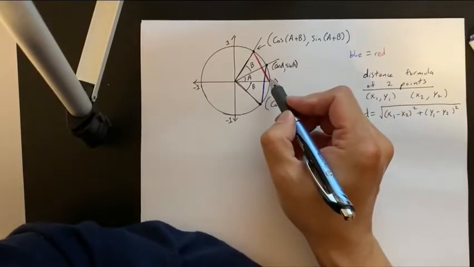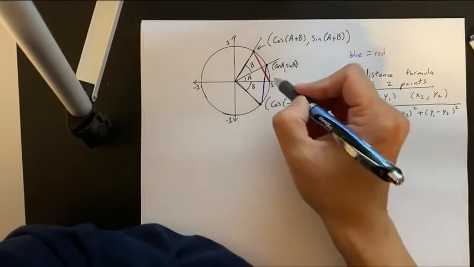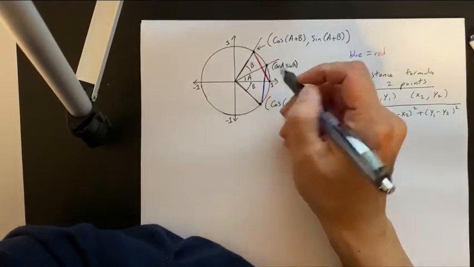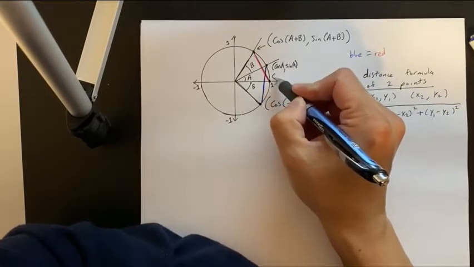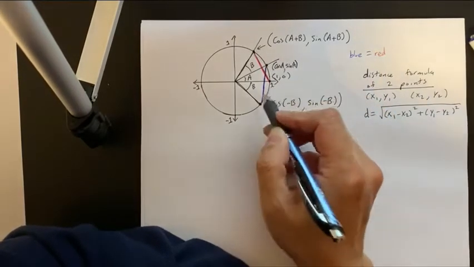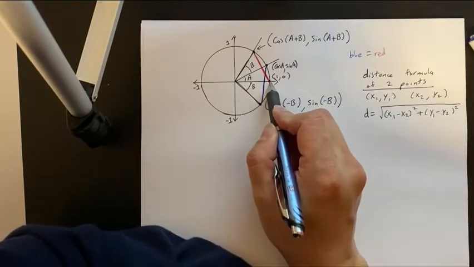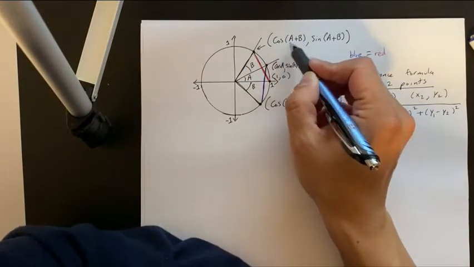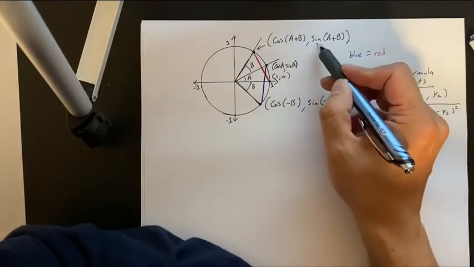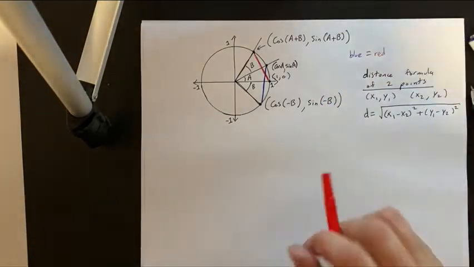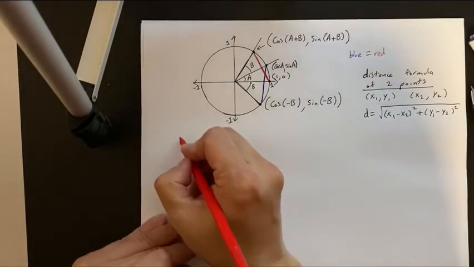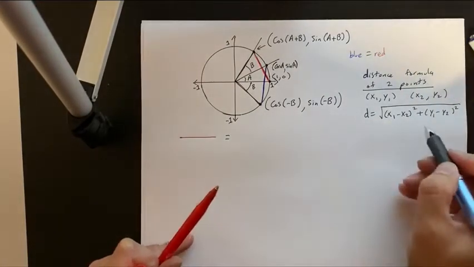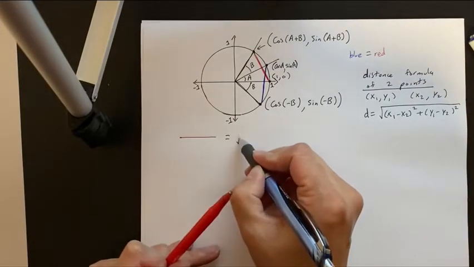And we do have the two points. So if I want to know the length of the red line, I just need to know the location of the two endpoints. So here, this first point is going to be (1, 0), because this is on the x-axis. And this second point has x value cosine of a plus b, and the y value is sine of a plus b. So the red line is going to be equal to, using this distance formula, the square root.